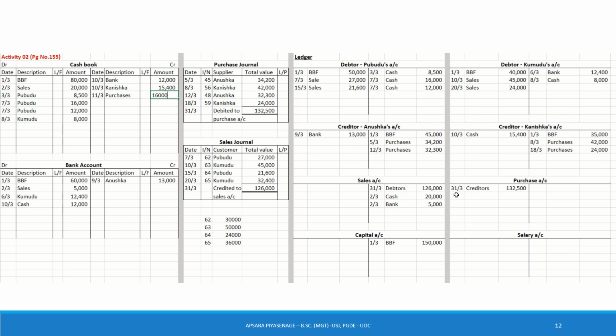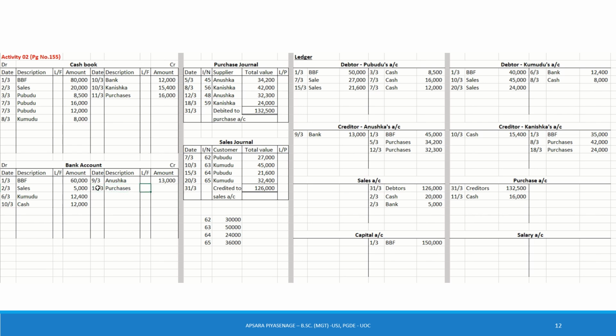Purchase account should be debited. 11th of March, it's a cash purchase, 16,000. Then for the 14,000, a check has been issued to the purchases on the same date, 11th of March.